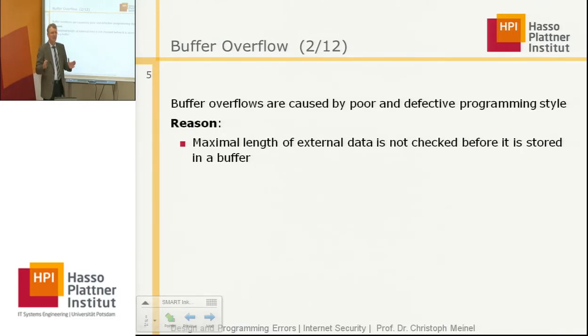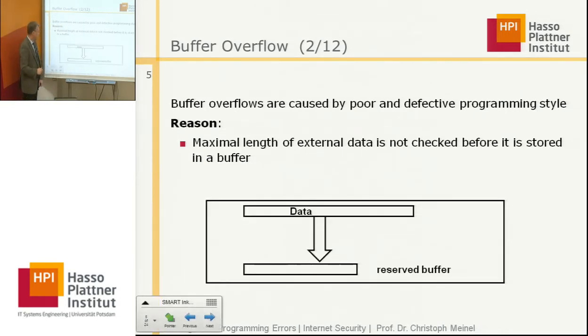If the maximal length is checked and it agrees with the length of the space that's reserved, no problem. Overwriting of other parts of the memory is not possible. But if this check is missing, for example, to increase performance speed or for other reasons, then if there is a longer input, memory space is overwritten that's not assumed to take this data.